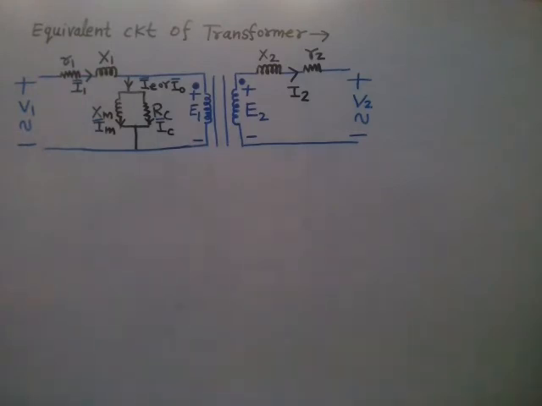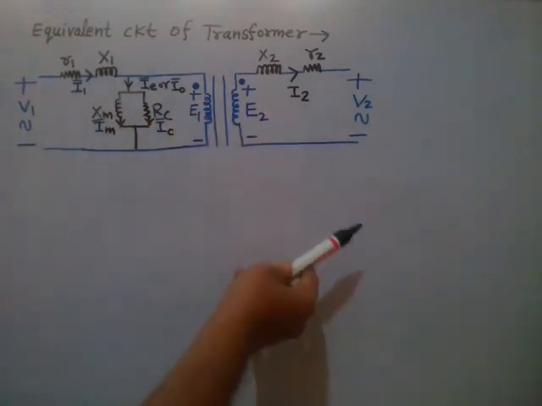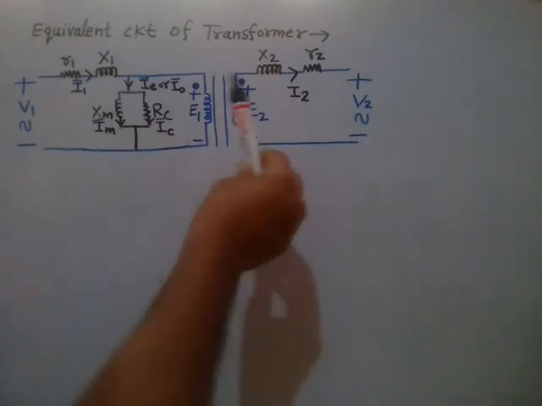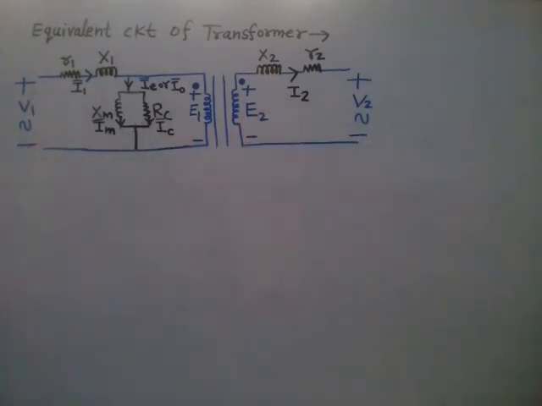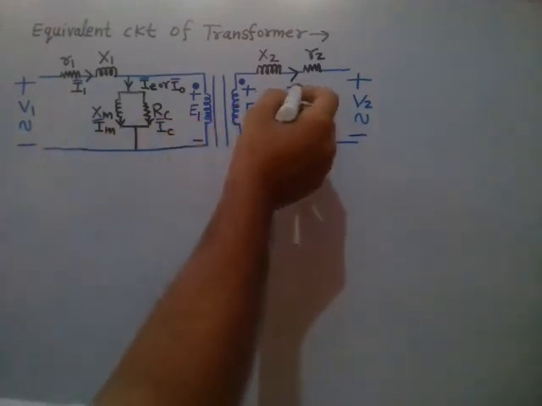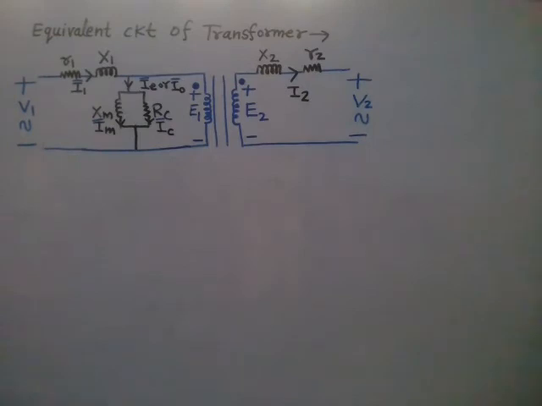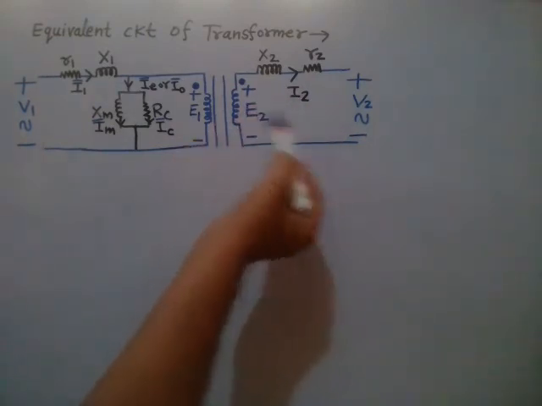So for that you need to refer one side quantity to the other side. Either you can refer primary side quantity to the secondary side, or secondary side quantity to the primary side. I am referring the secondary side quantity to the primary side. That is the most common method to represent the transformer equivalent circuit.